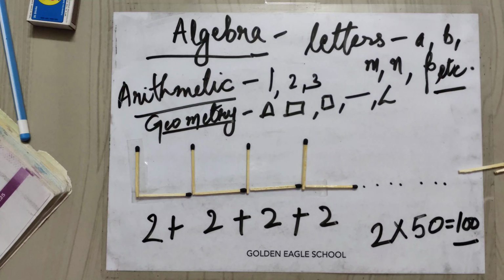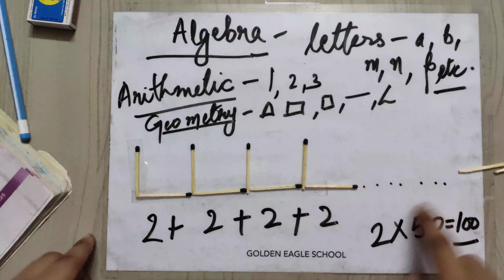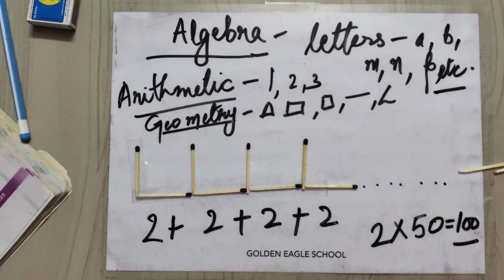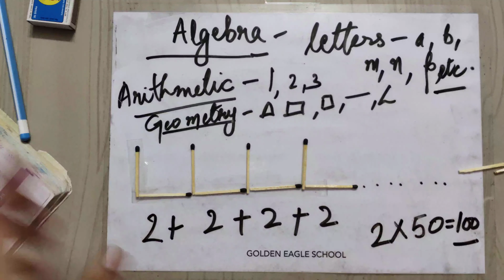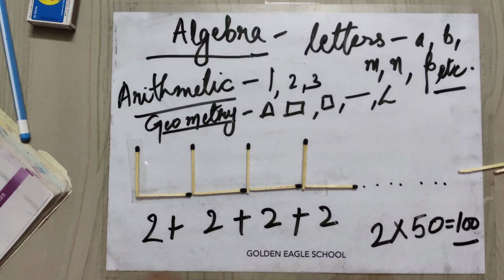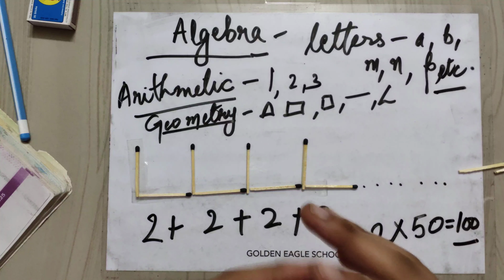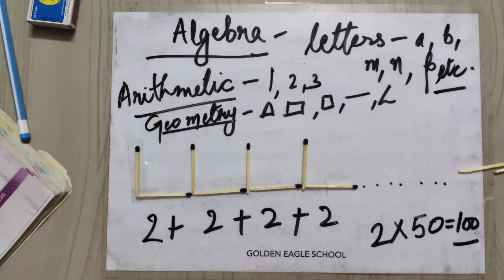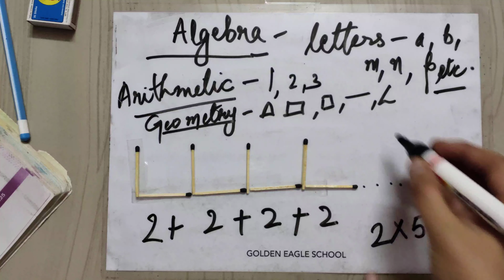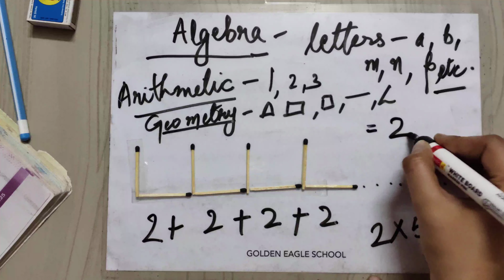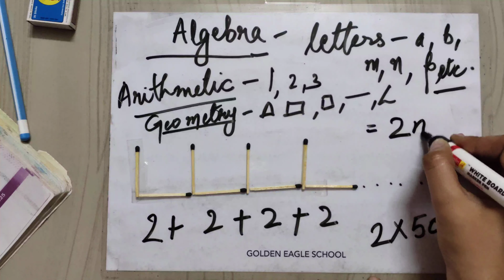Here 50 was given to us. But if I say there is an infinite number of L's, and I don't know how many, then the number of matchsticks will be equal to 2 times n.